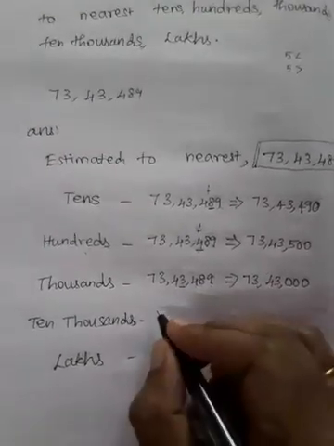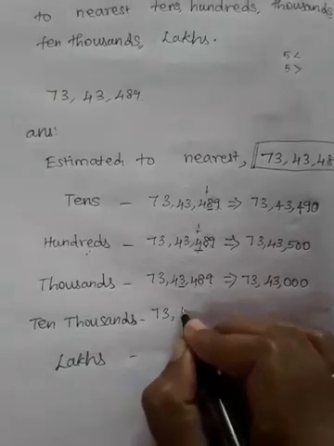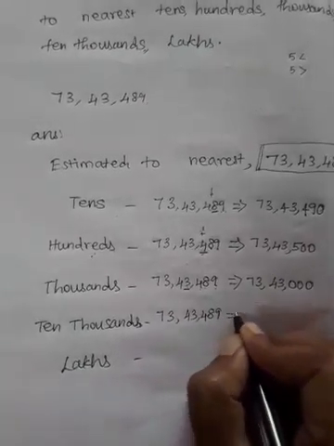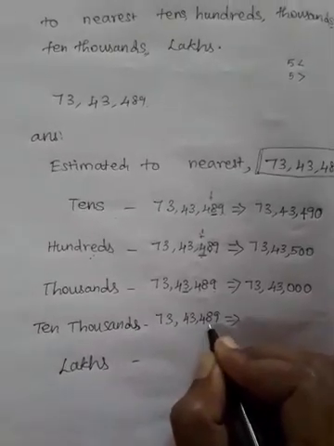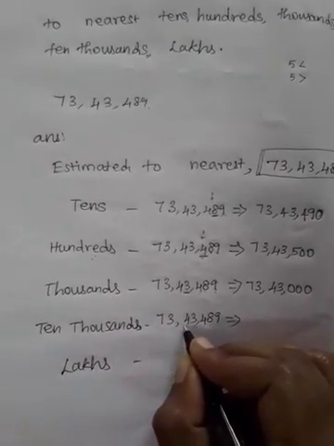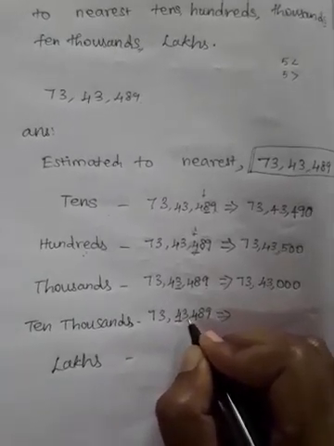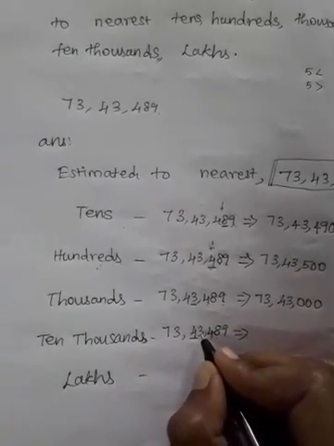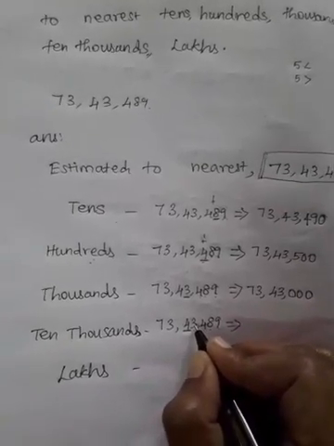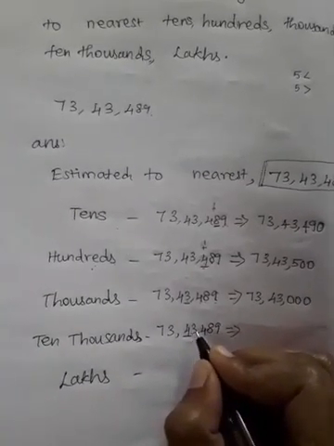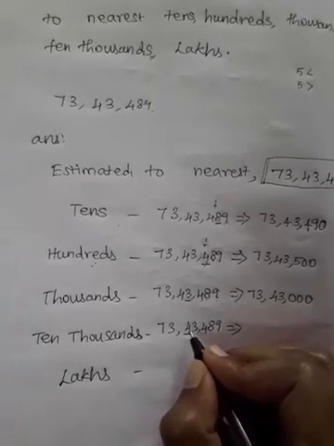Understood? Yes. Next one, you want to estimate to the nearest 10,000. Nearest 10,000. So ones, tens, hundreds, thousands. Here it is 10,000. So after underline, you want to check the next number. The next number is less than 5. So what do you want to do? You don't want to add anything. If it is greater than 5, you want to add 1 here.